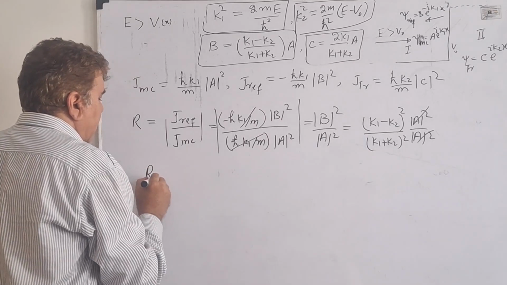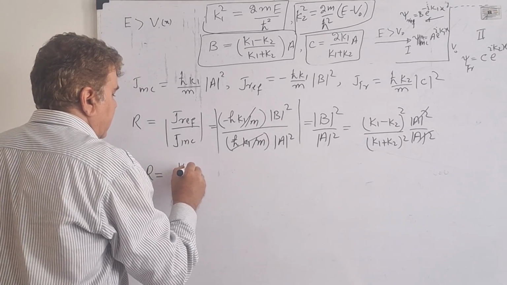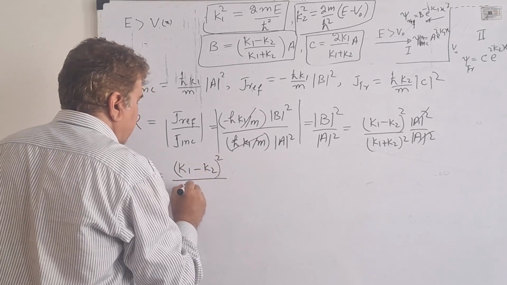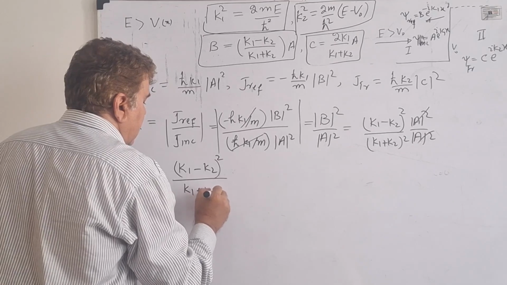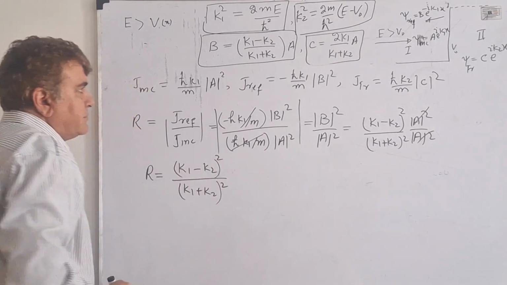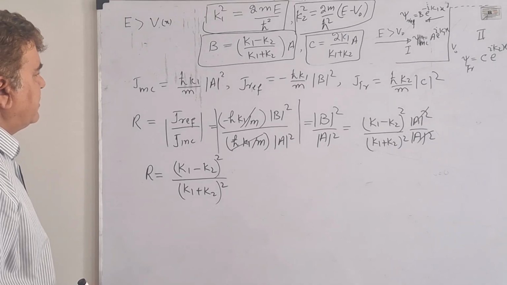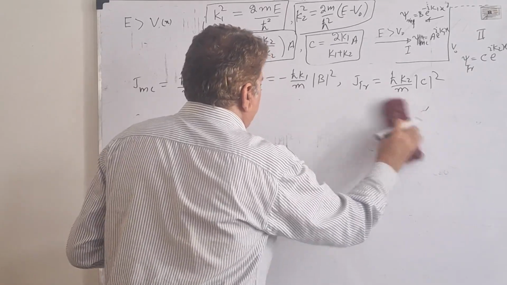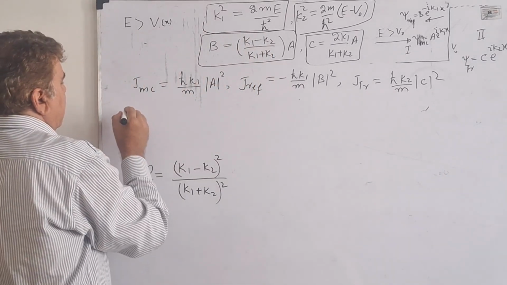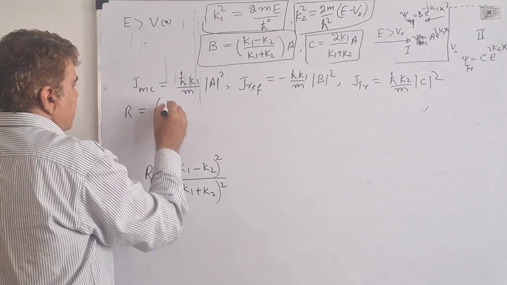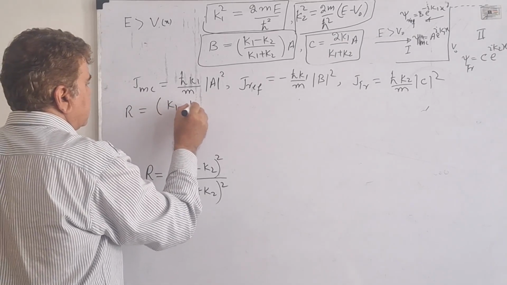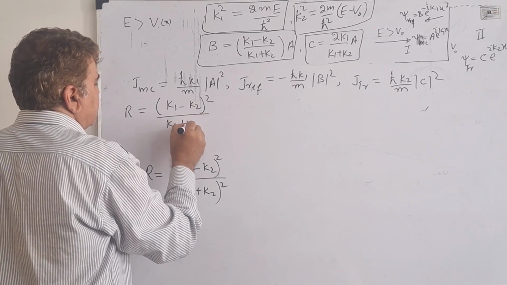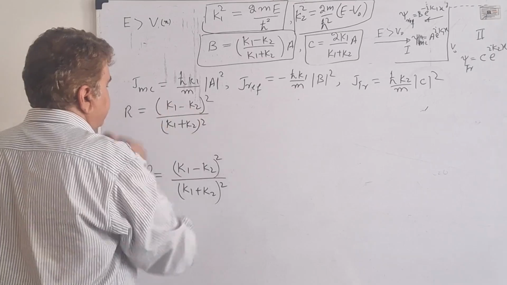Therefore, we write R equals (k1 minus k2) squared divided by (k1 plus k2) squared. This is the reflection coefficient, and let me write this here. I write R to be mod (k1 minus k2) squared divided by (k1 plus k2) squared.